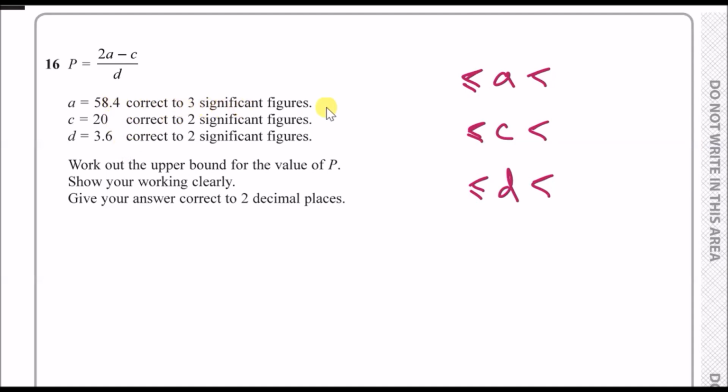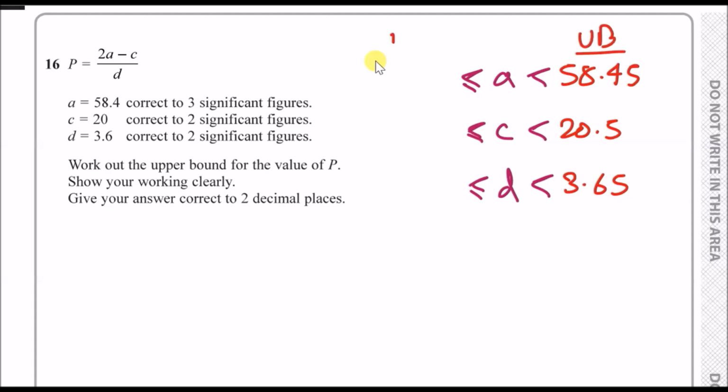In this case, you're looking at the first and second decimal places. The only way you can round to this value is if there was a 5 at the end of it. So it would have to be 58.45. Likewise, for the next one, it would have to be 20.5, and the next one 3.65. So that's your upper bounds done. Now to get the lower bound values, it's something similar, but you have to think about the value less than this one.